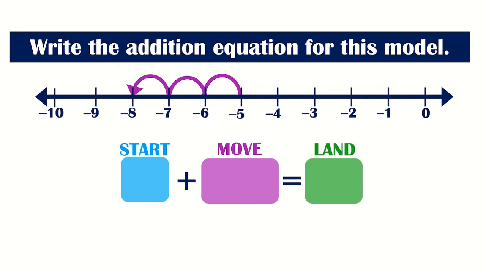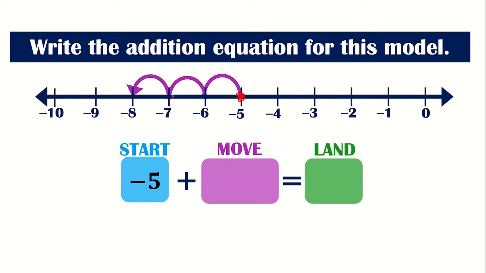Now let's try to change the instruction. We are asked here to write the addition equation for this model. So remember, identify where it started. It started from -5. So that means this is -5. And it moved going to the left.